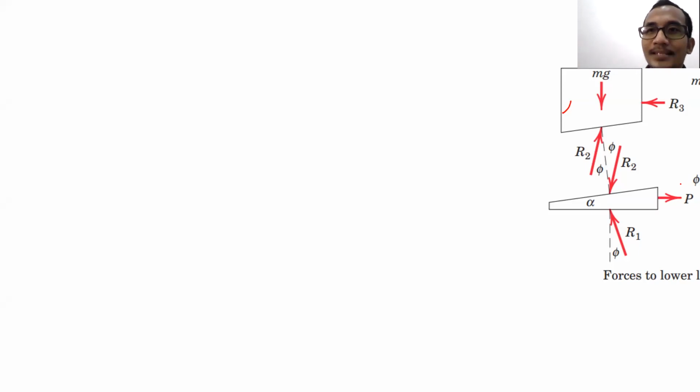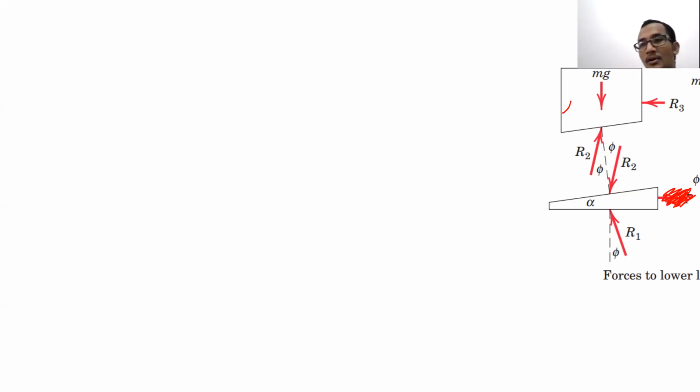So it tends to move down. Because the mass tends to move down, when there is no pushing force there, the wedge tends to move to the right in this case.